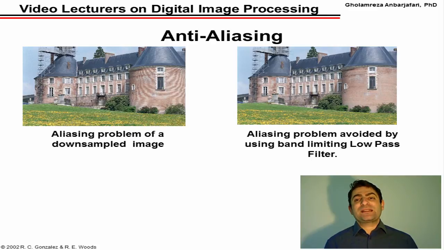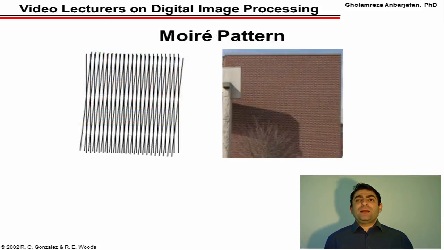Here in this slide you can see the image with the aliasing problem, and if we apply the low-pass filter and then do the sampling, you see now we don't have the aliasing effect. This aliasing usually happens with Moire patterns.